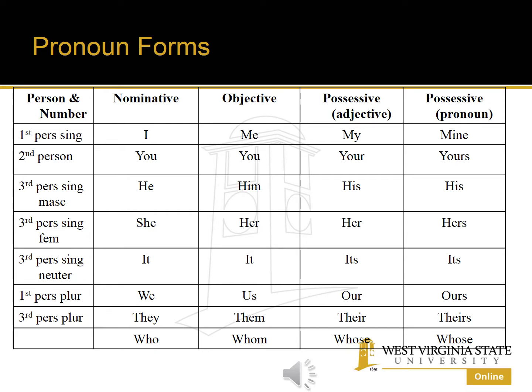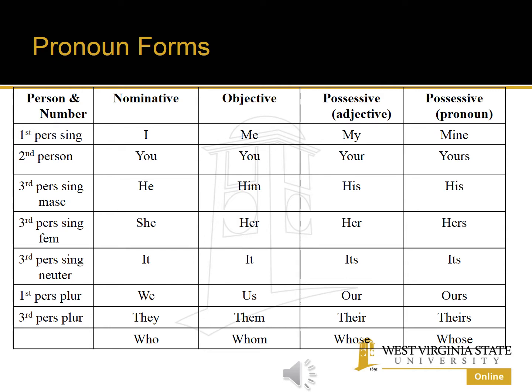So first person singular: I is the nominative, me is the objective, possessive is my as an adjective, and the possessive pronoun is mine. Similarly, we see you, your, yours, he, him, his, she, her, hers, it, its, we, us, our, ours, they, them, their, theirs.